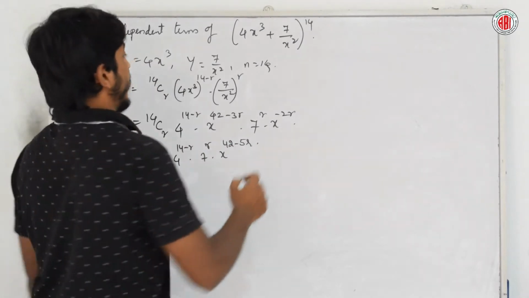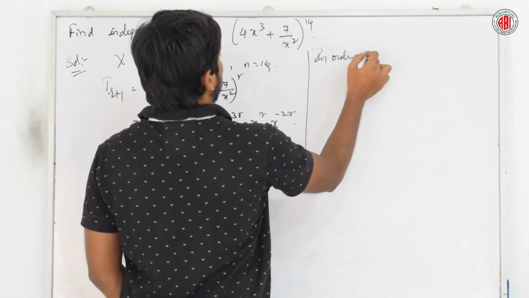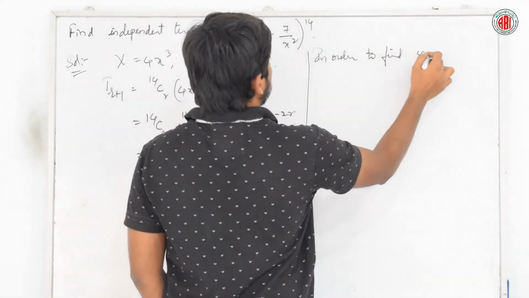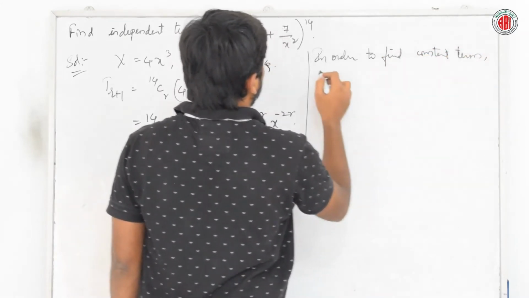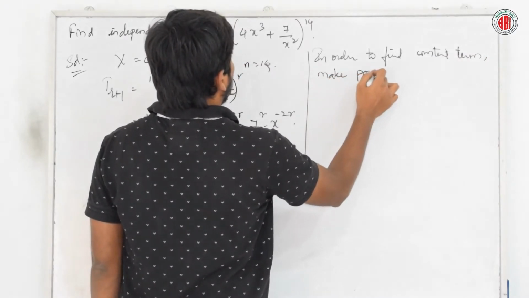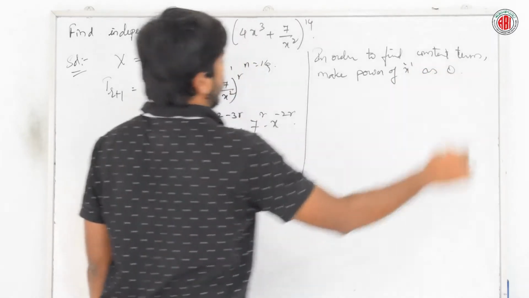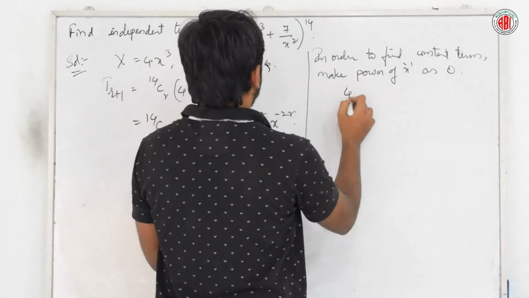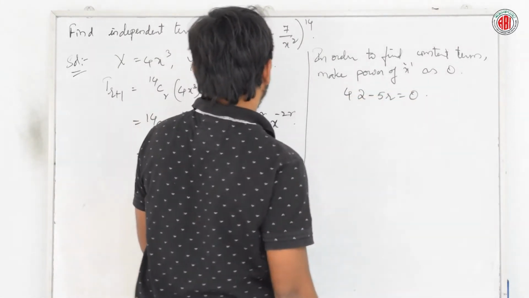So with this continuation we will find the independent term. When do we get an independent term? In order to find a constant or independent term, make the power of x as 0. Is it right? What is the power of x here? 42 minus 5r is equal to 0.